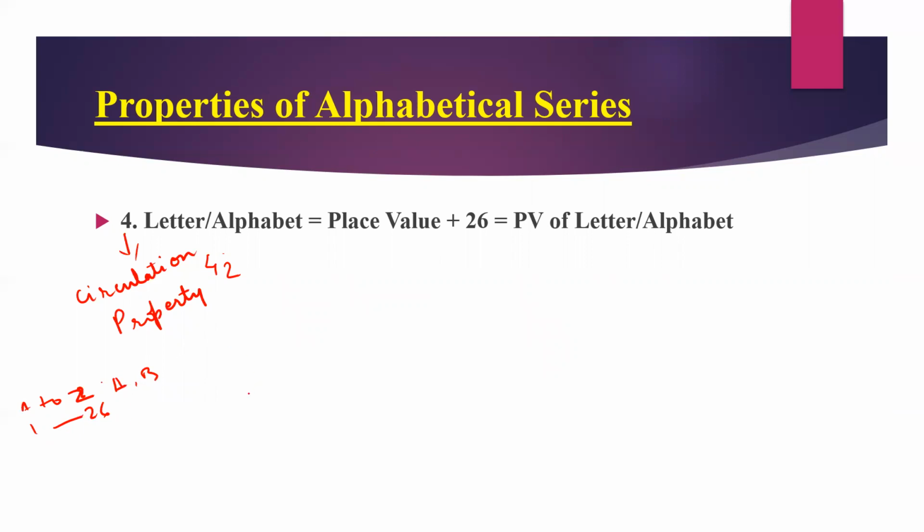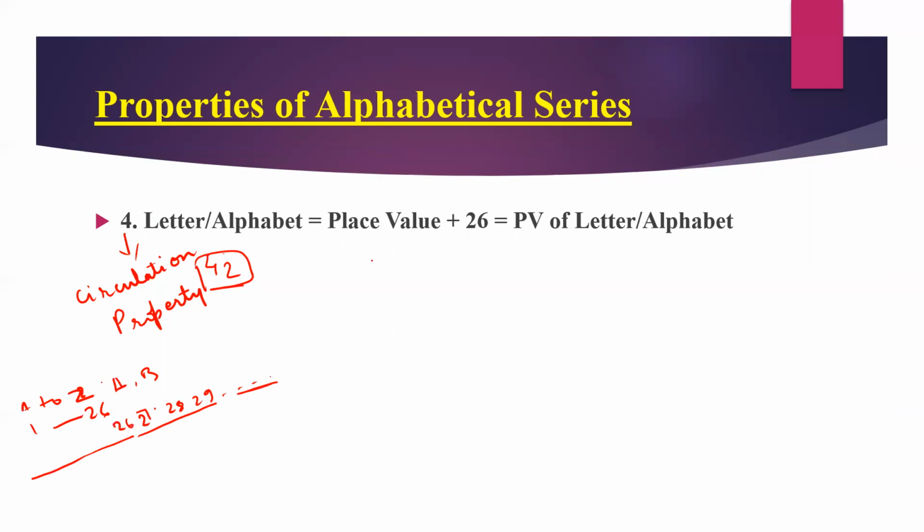A to Z, then again A to Z, then again A to Z. So if we place 1 to 26 and again start placing here, after 26 it is 27, 28, 29 in this order. If we need to find the letter at any place value, suppose it is asked for place value 42, how will we do that?